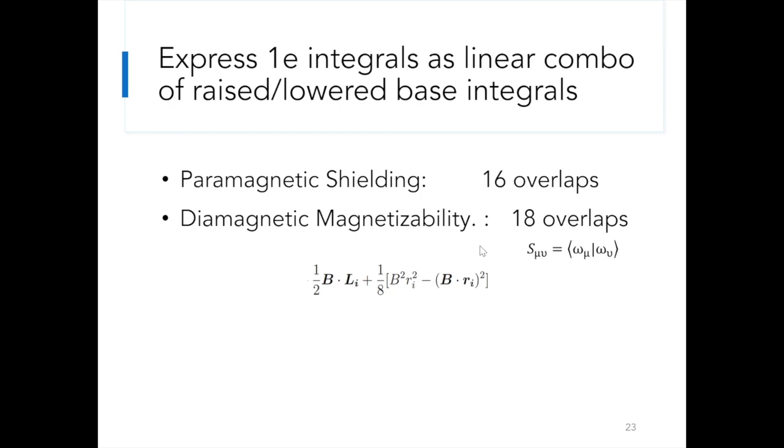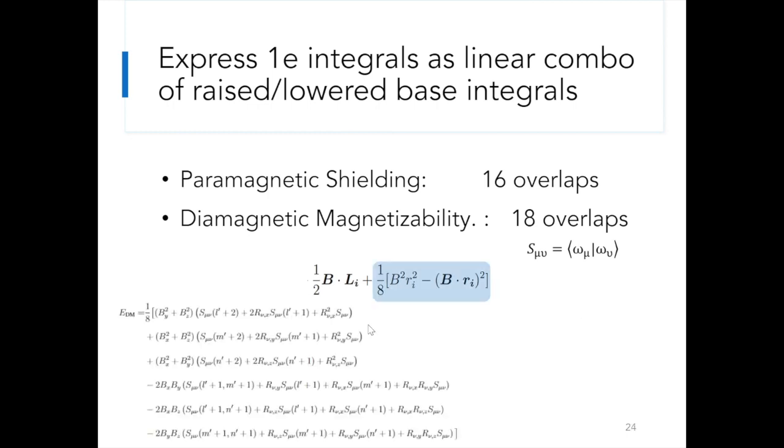As a result, you get linear combinations of a base integral. For the paramagnetic shielding and the diamagnetic magnetizability terms, you have 16 and 18 overlaps, summing up to define a matrix element. So something that looks like that, where S denotes the overlap, you have these various momentum shifts, and you sum up to your final matrix element.